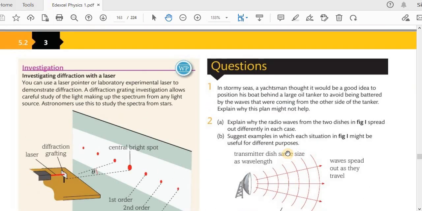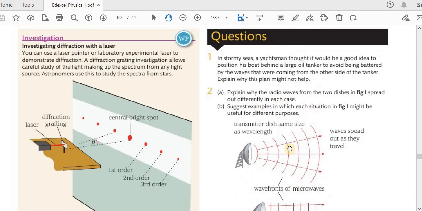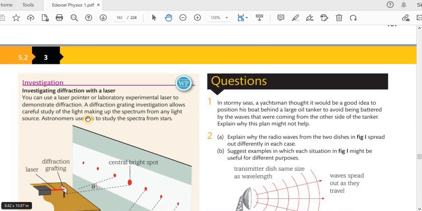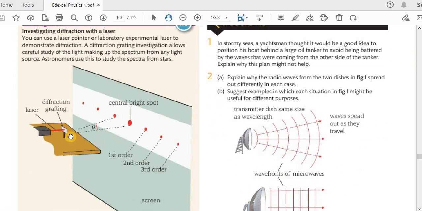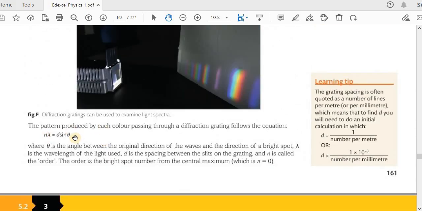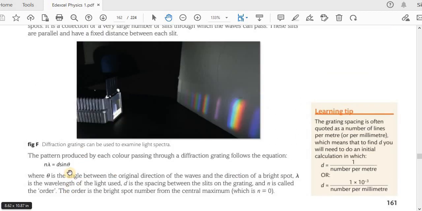So that's the end of that on diffraction. But first we'll go through the important points here. This diagram is very important. You should be able to label n equals 1, 2, 3. Then lambda, what is lambda? You should know. Theta is the angle between n equals 0 and n equals 1, n equals 2 or n equals 3.